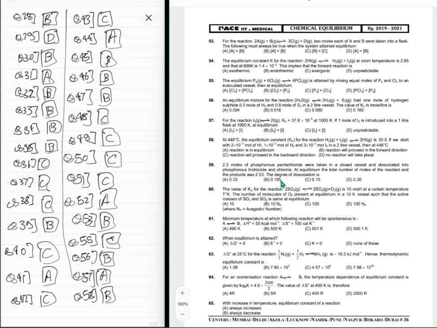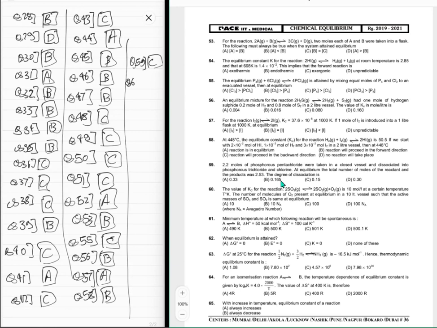So 0.33 upon 2.2, which is 3.3 upon 22, so 0.3 upon 2, which is 0.15. That's the degree of dissociation. So C. I did it orally. Man, that's nice. So 0.15, that's only C.